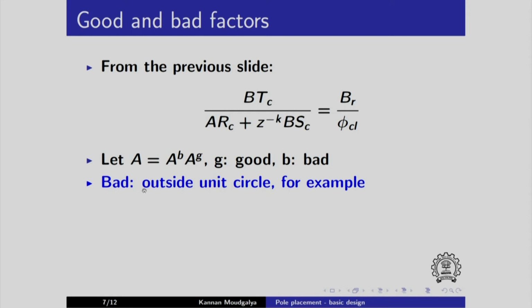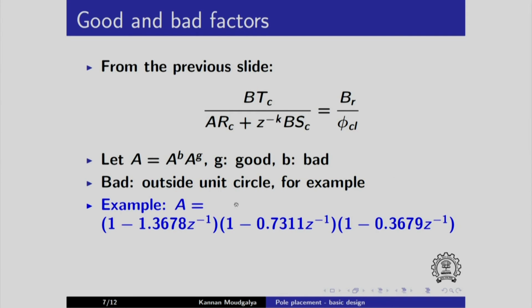We could think of it as a factor that resides outside the unit circle. For example, we will take an example. Suppose A is a polynomial with 3 factors as given here. Then the bad one is the first term here.